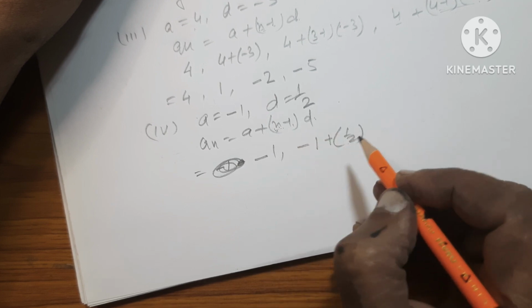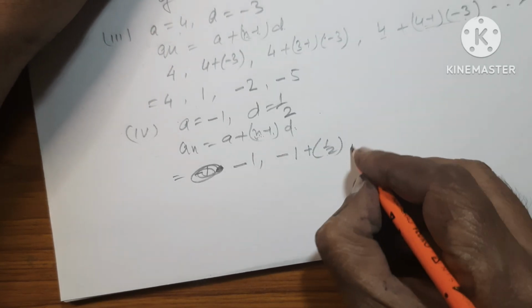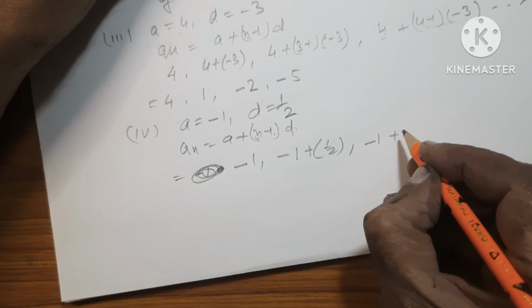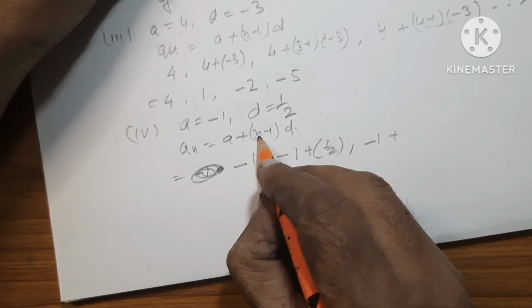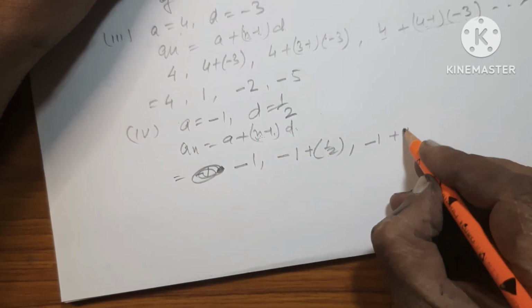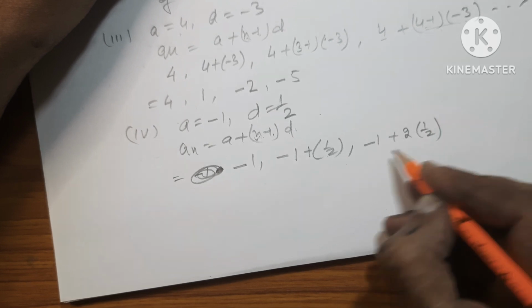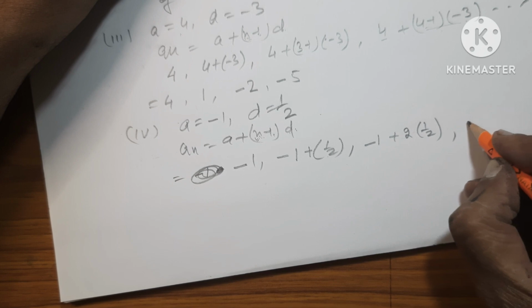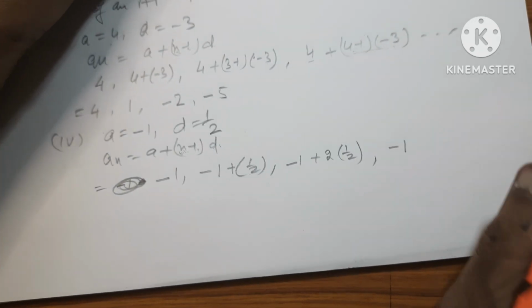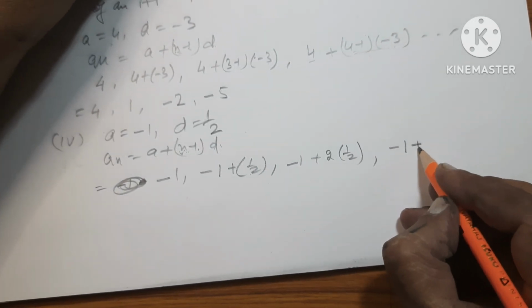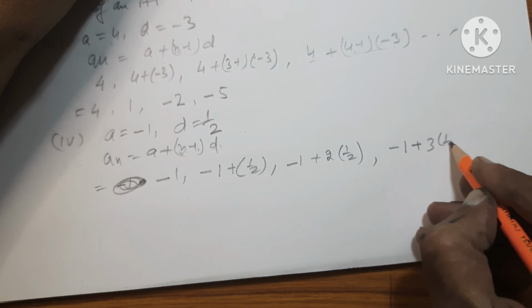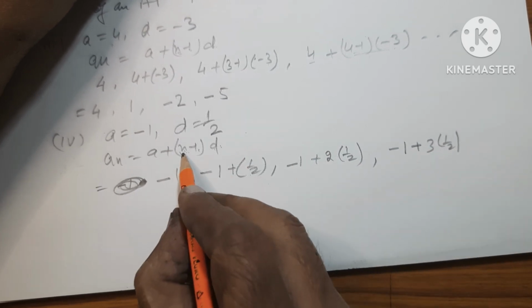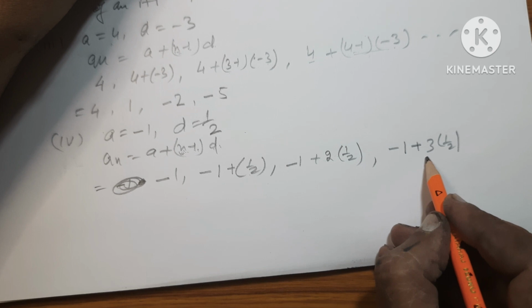So we will put the value of D. The third will be minus 1 plus 2D, since 3 minus 1 is 2, so 2 into 1 by 2. This is the third term. And the fourth term will be minus 1 plus 3 into 1 by 2, because n is equal to 4, 4 minus 1 is 3.